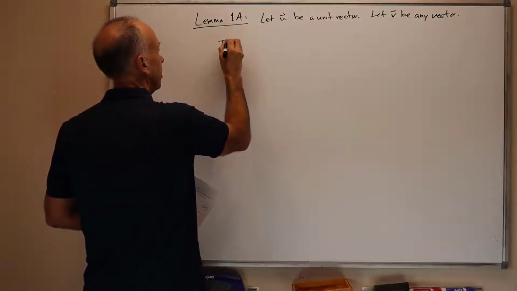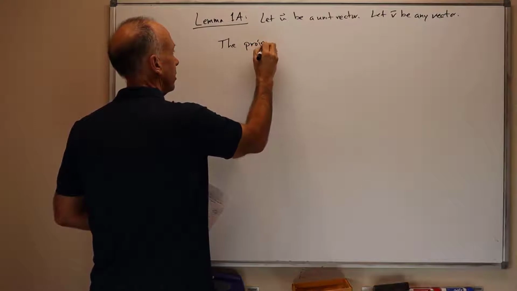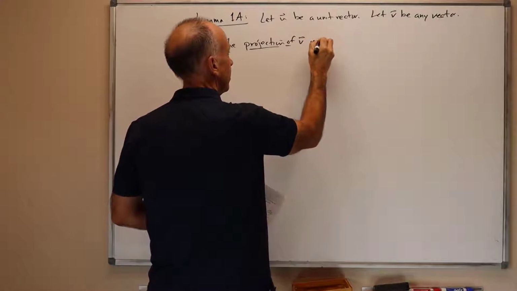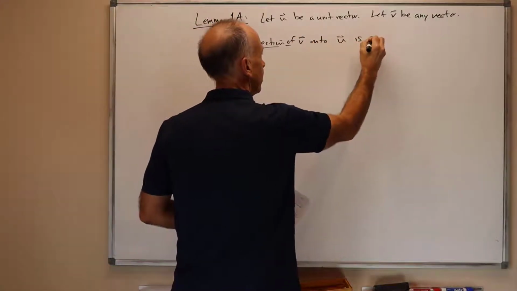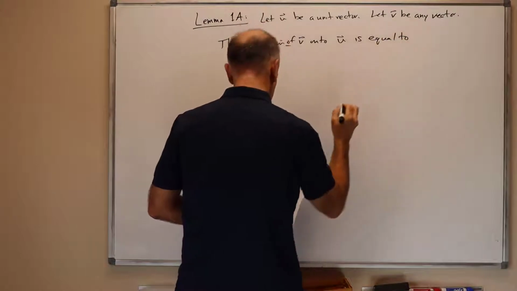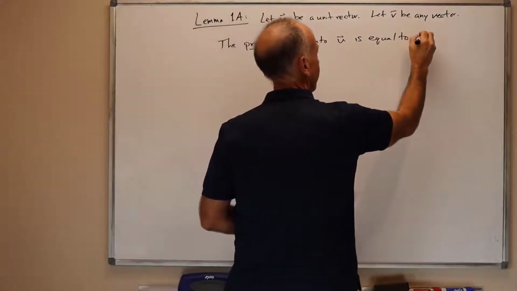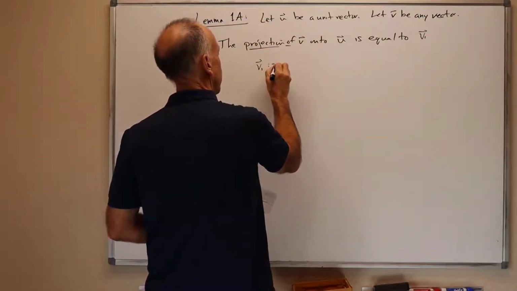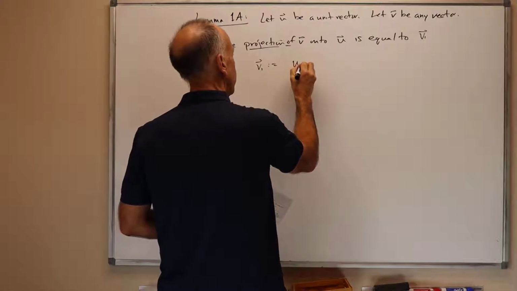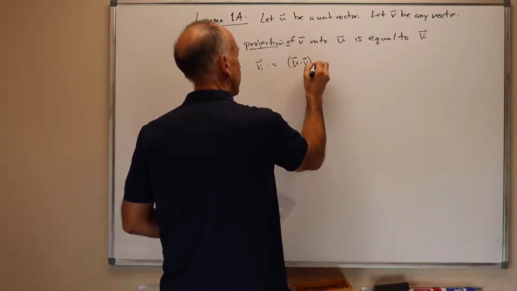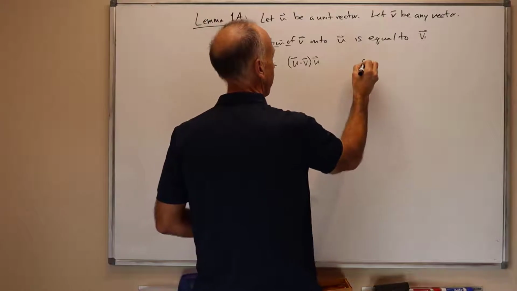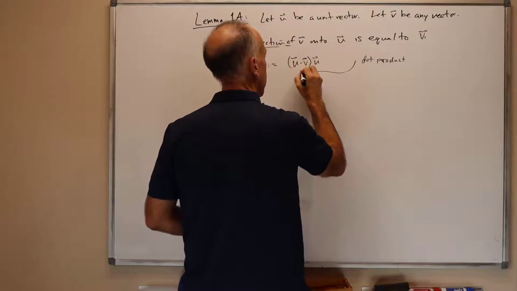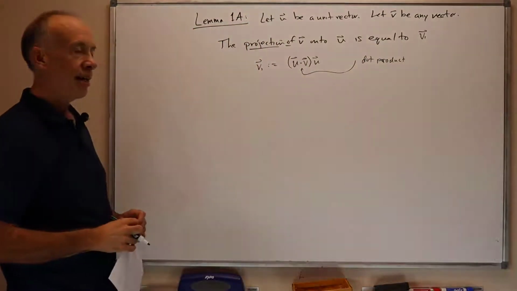But we want to start off with the projection of v onto u is equal to, I'll call it, in fact, v1, that's a vector, v1. v1 is equal to u dot v times u. So this is dot product here. Okay, so u dot v is a scalar, so it's that times u.